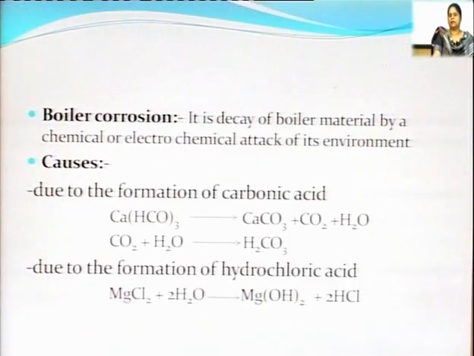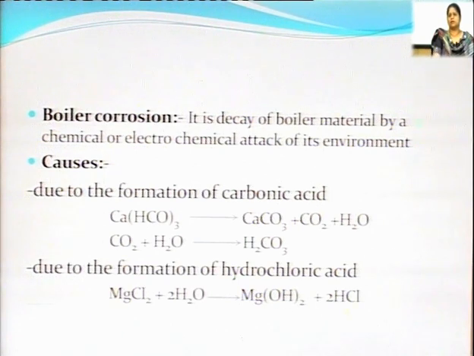Another disadvantage of using hard water in boilers is boiler corrosion. Boiler corrosion is the decay of the boiler material by chemical or electrochemical attack of its environment. Now, what are the different causes?